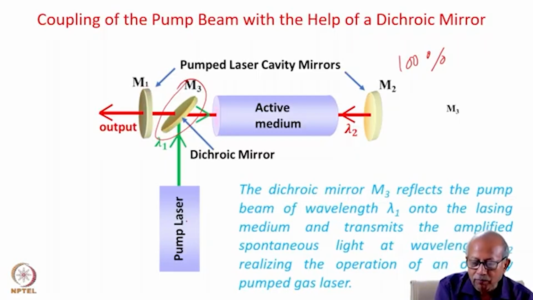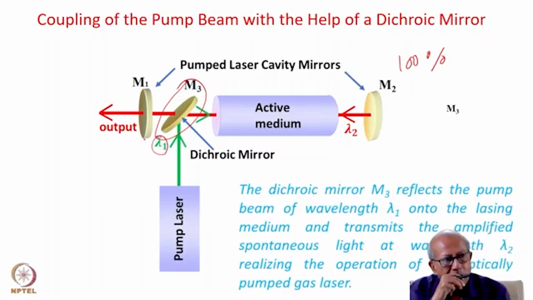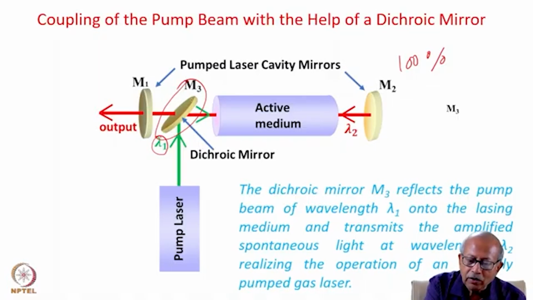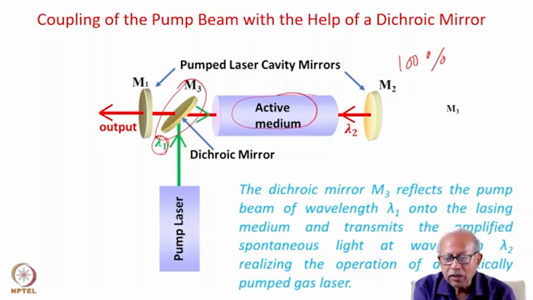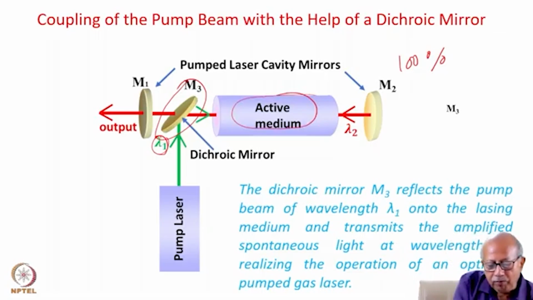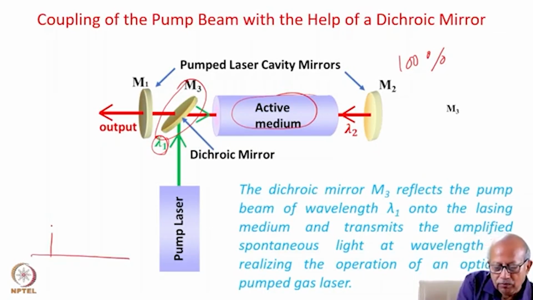Now, your pump laser lases at a wavelength lambda 1, and the dichroic mirror reflects that entire lambda 1 into the active medium. So this lambda 1 goes and it pumps the active medium to the pump level. This is lambda 1.